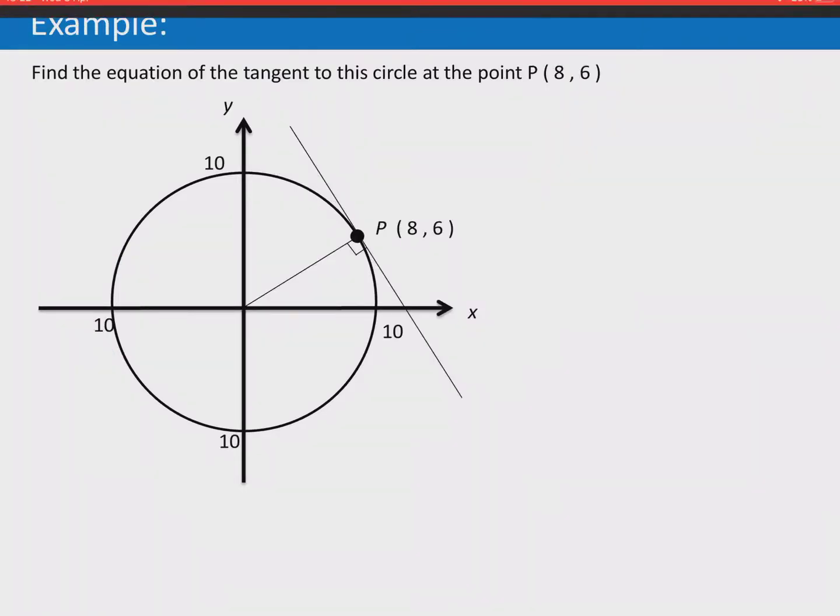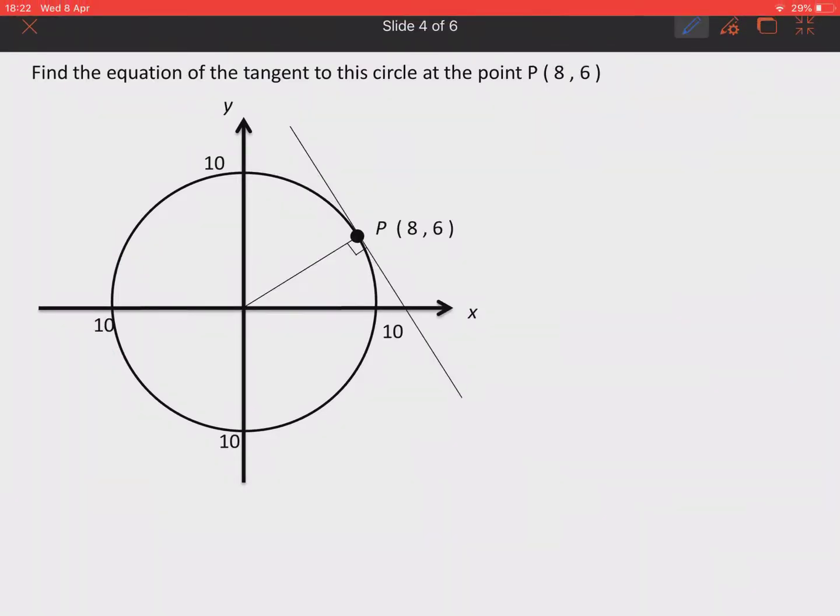So let's have a go at this example. We've got the circle here. Its equation would be x squared plus y squared equals 10 squared, because we can see the radius is 10. And we're going to get the equation of the tangent to this circle at the point 8, 6. So if I first of all find the gradient of my radius, if I draw my little right angled triangle, the x difference is 8 and the y difference is 6.